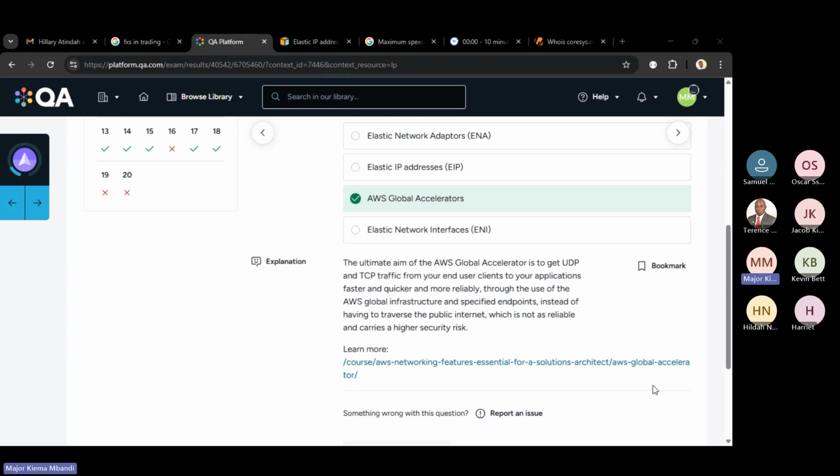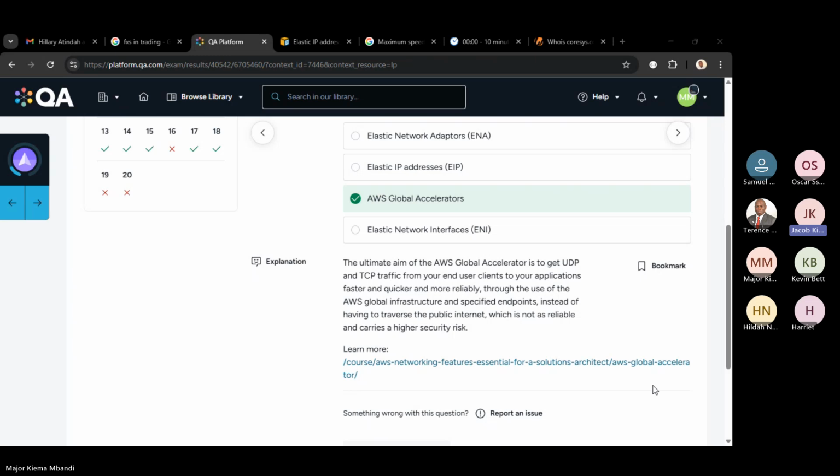Now, maybe Jacob? Yeah, so let me speak to it in terms of layers. I would say CloudFront operates on layer 7, and Global Accelerator operates on the network layer, where we have the UDP and TCP traffic.